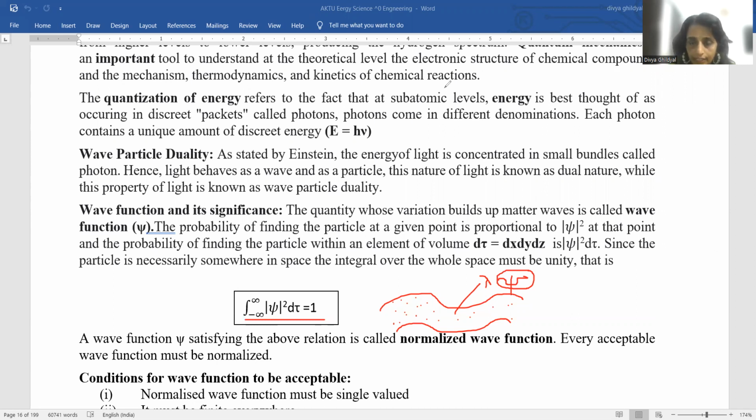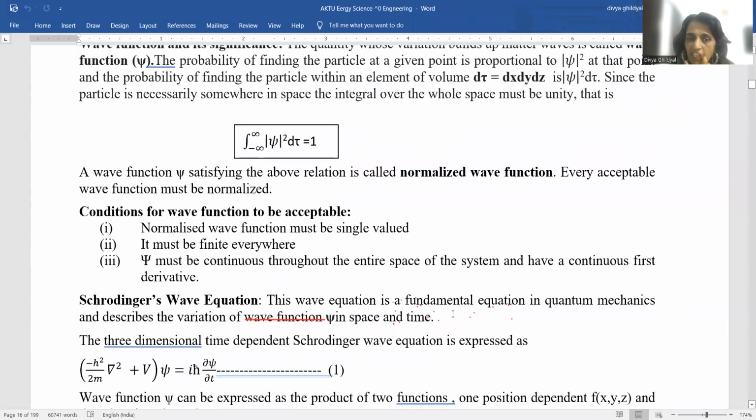After I get these necessary conditions for my wave function to be acceptable, quickly let me tell you, it should be normalized, it should be differentiable, and it should be finite. Conditions necessary for a wave function to be acceptable, this has been asked in section A. What are the necessary conditions for a wave function to be acceptable?